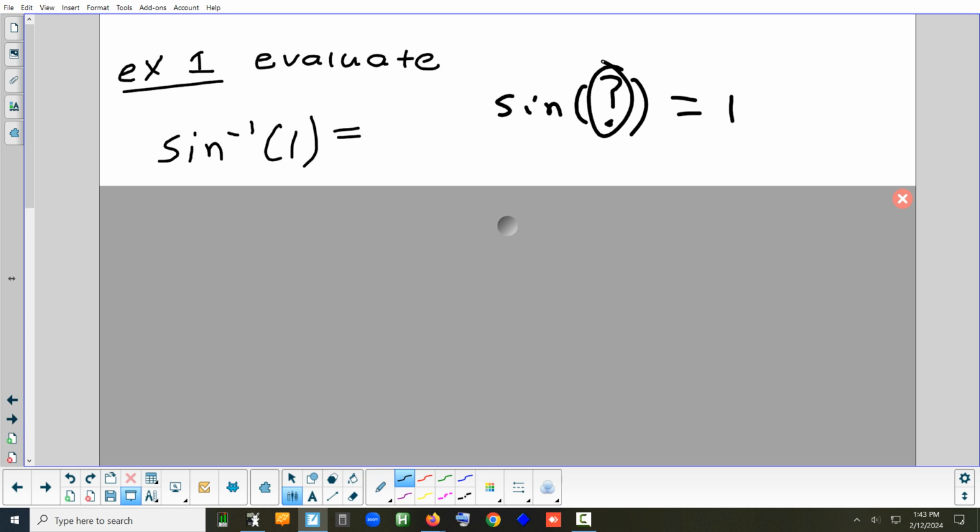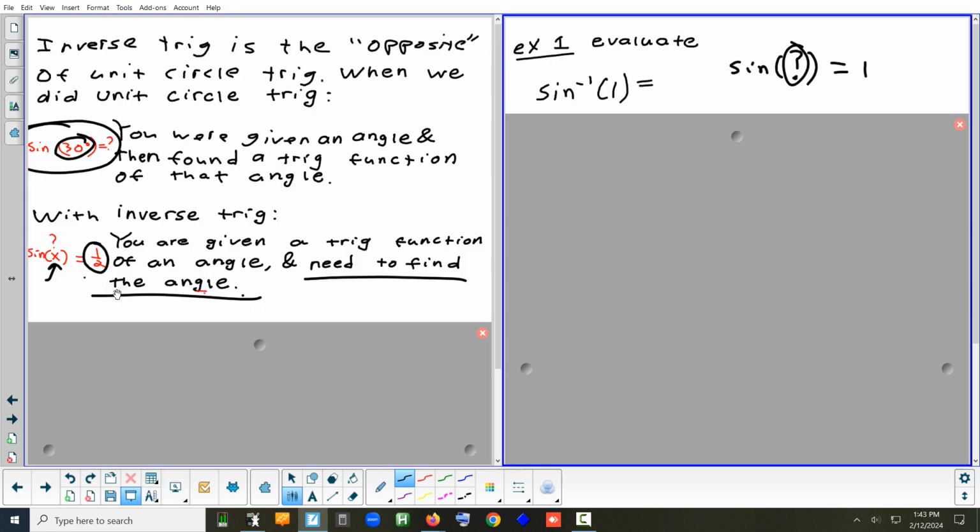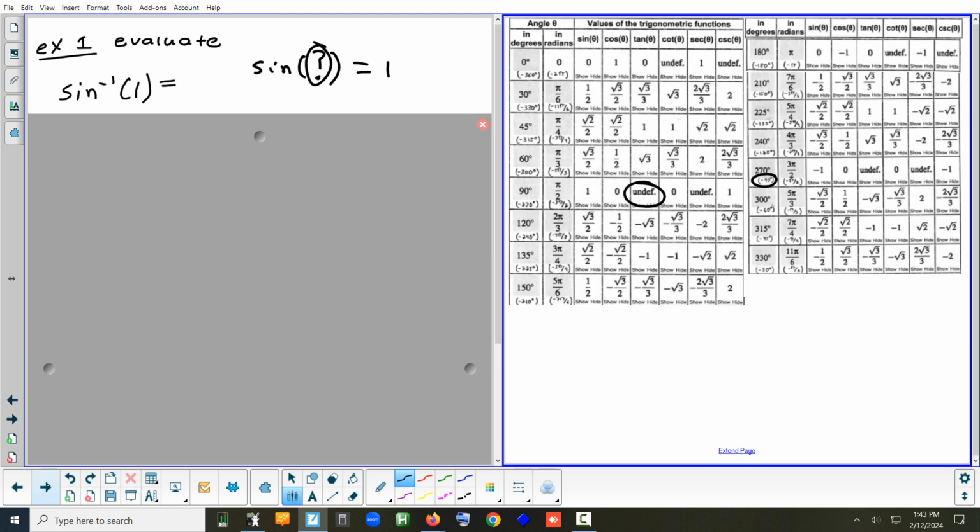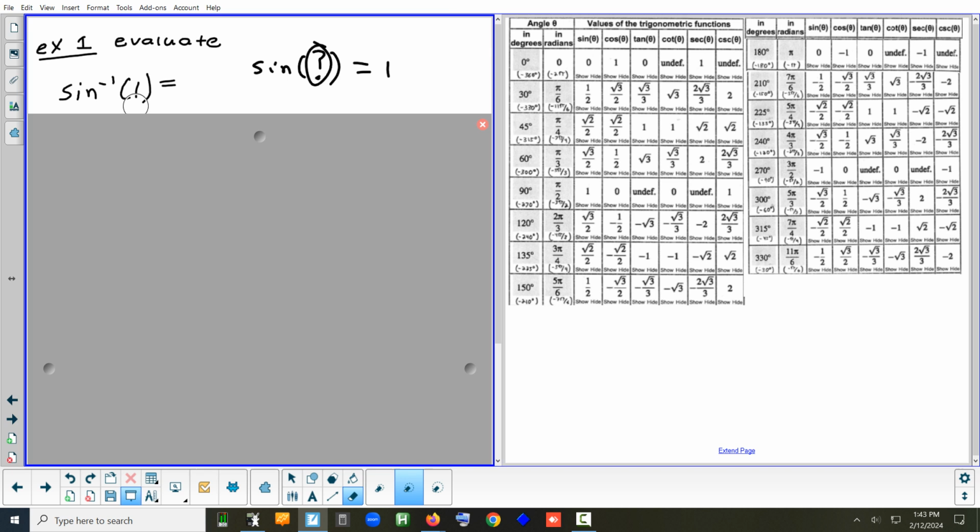Yep. Wouldn't that be 90 degrees? Well, let's check on the chart and see. So the way you use this chart to do inverse trig is look for that number in the sine column.